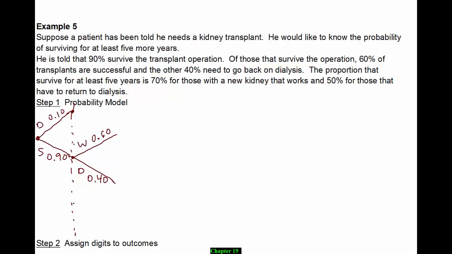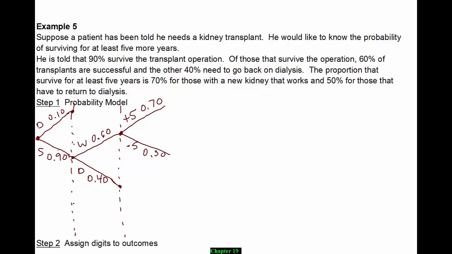Alright, so if you survive the original operation and you have a kidney that works, we can now move on to the last stage. If you have a kidney that works, the proportion that survive for at least 5 years is 70%. So we're going to call these two branchings +5 and -5 for surviving past 5 years or not. If 70% survive past 5 years, what's the percent that don't? That would be 30%, so 0.3.